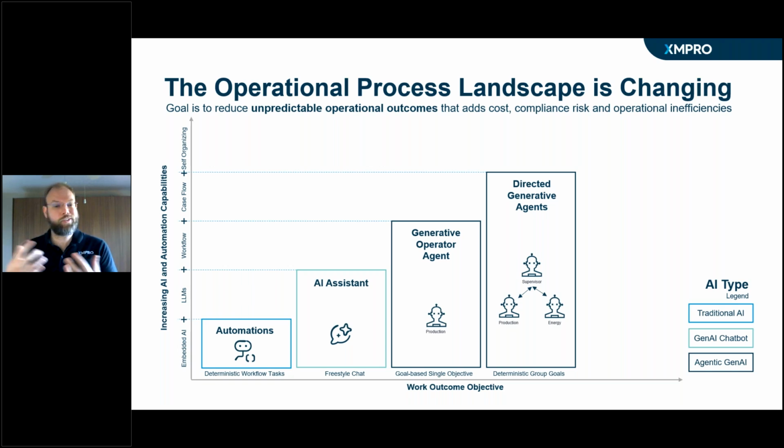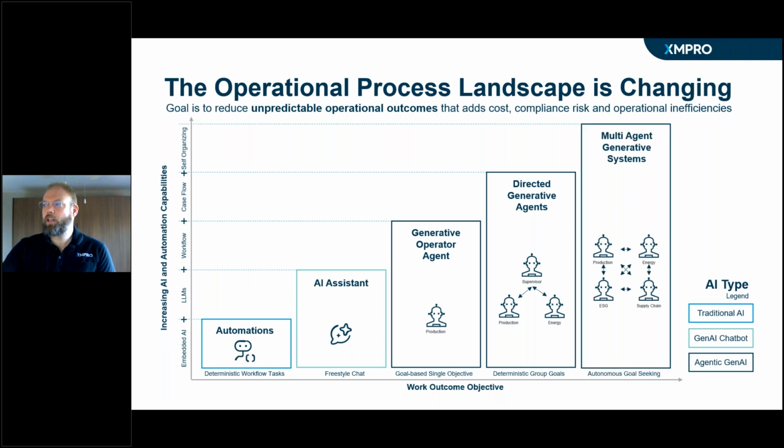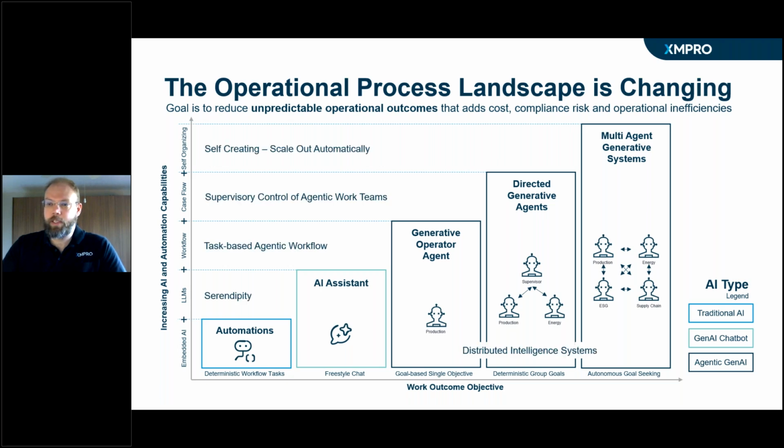And then how do I have a supervisory role that helps direct them from an agent perspective? And then the last piece is how do we get to autonomous goal seeking? Self-organizing agents who don't necessarily need a directed supervisory role, but can self-organize amongst themselves and work out what they should be doing and how they should be interacting with the different systems as well.